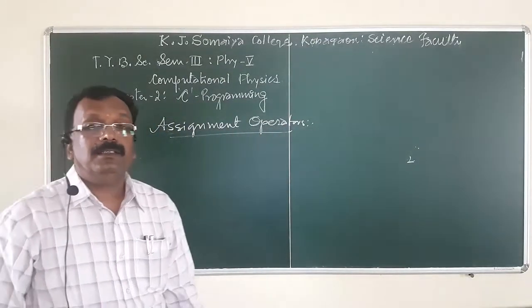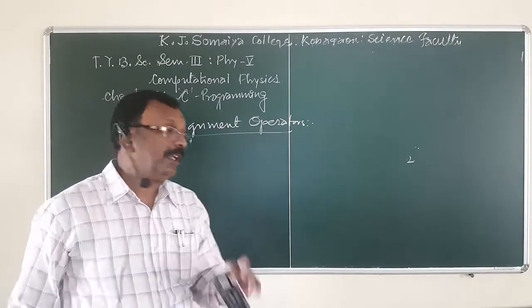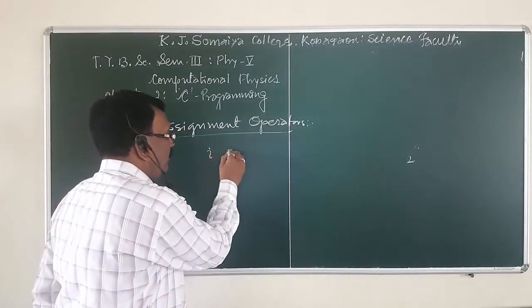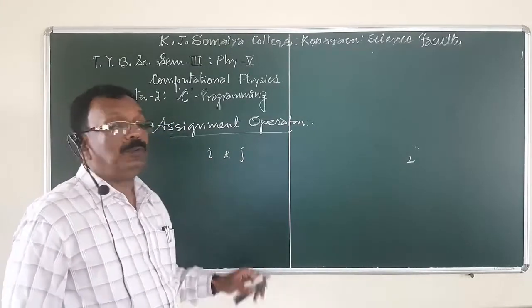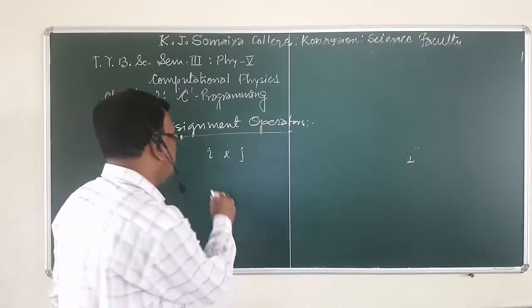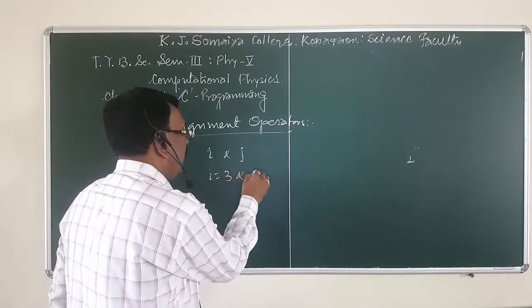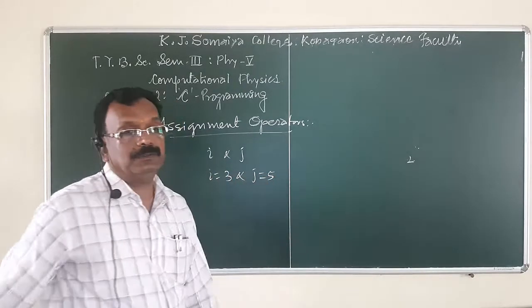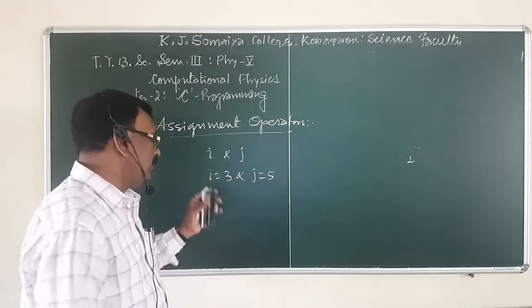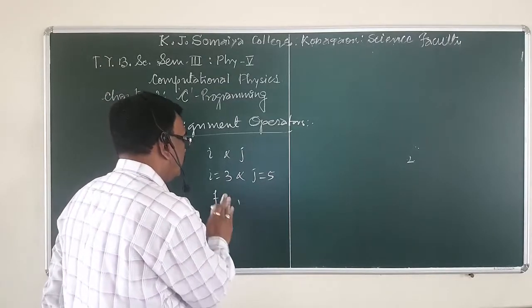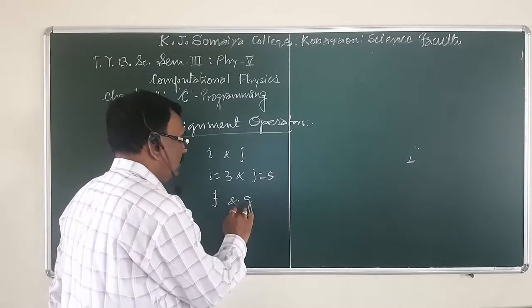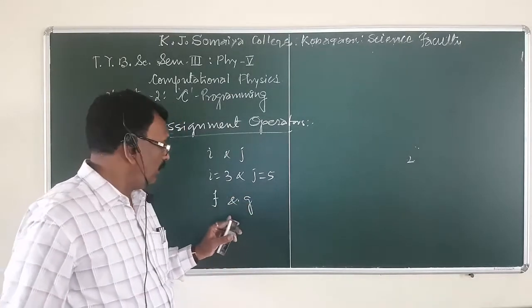Suppose again there are two variables, variable i and variable j. These are two integer variables having values i is equal to 3 and j is equal to 5. Again there are two more variables, f and g. These two variables are floating.